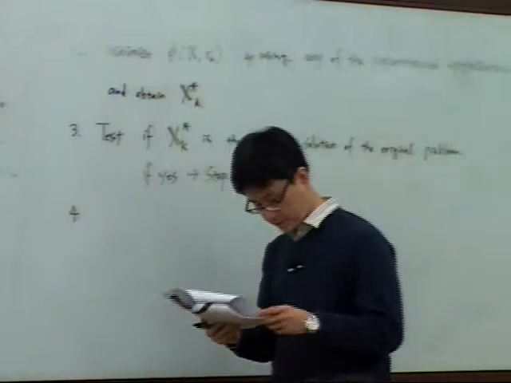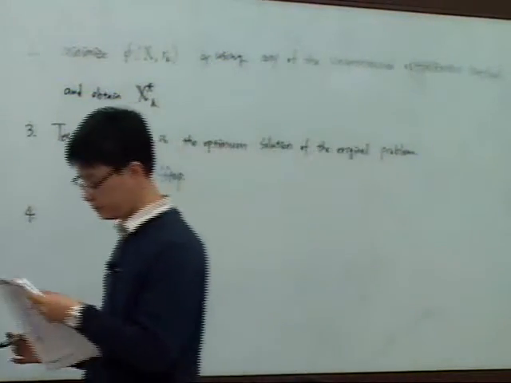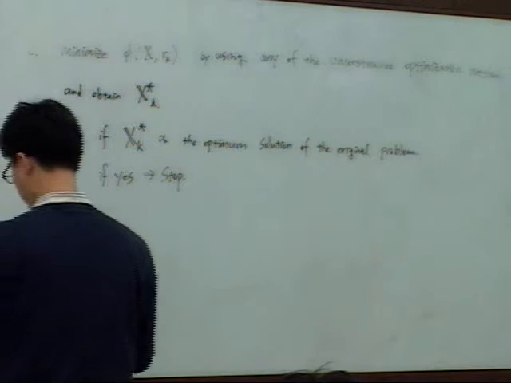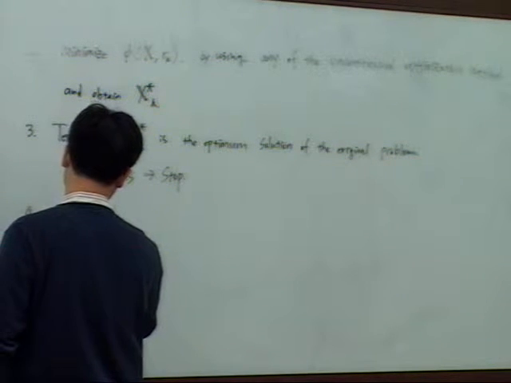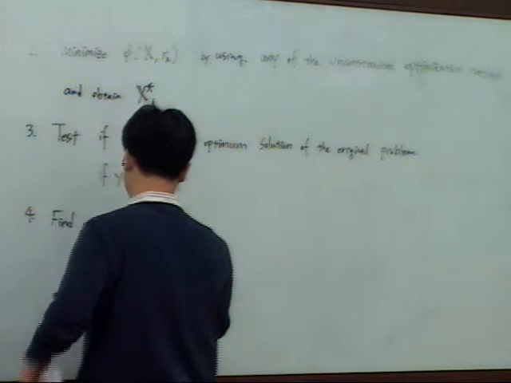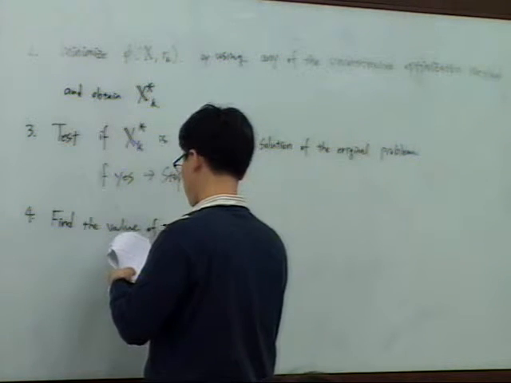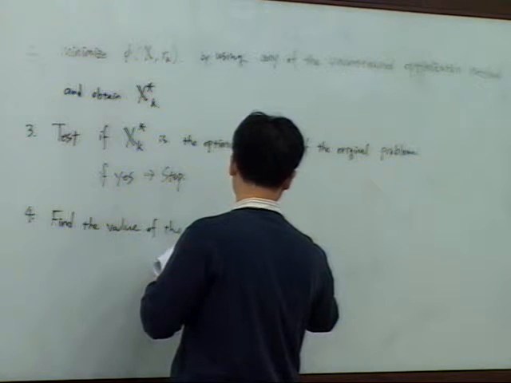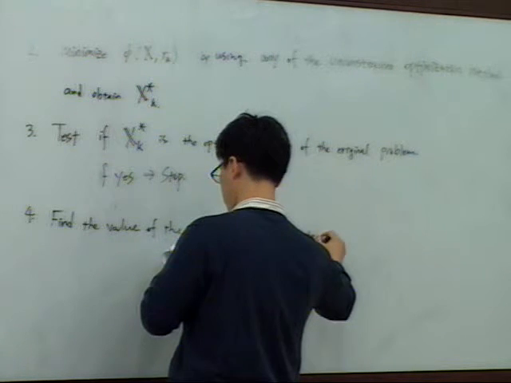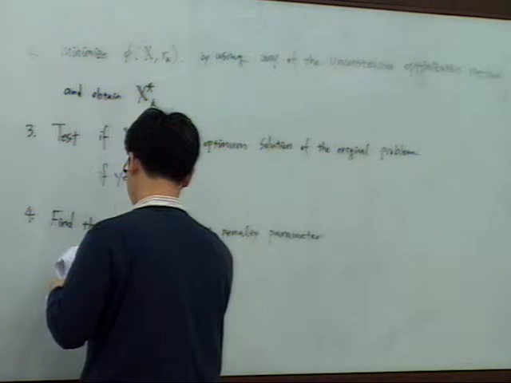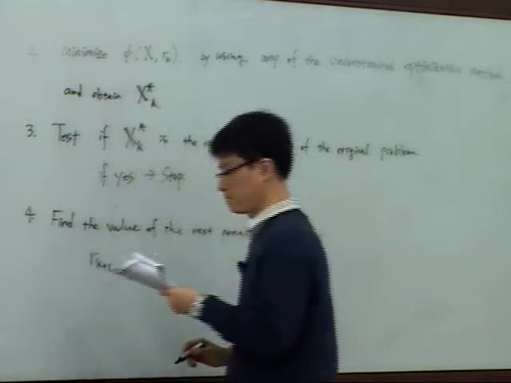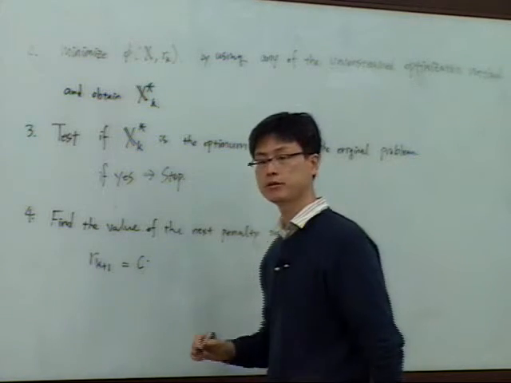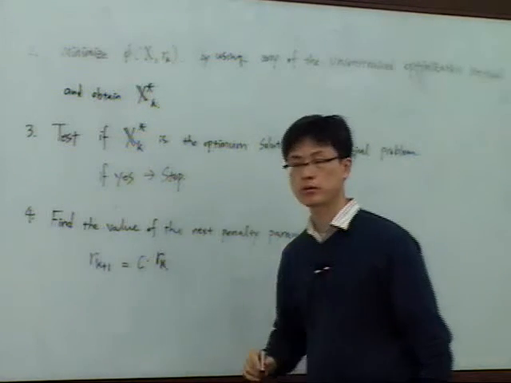Otherwise, find the value of the next penalty parameter. Usually, your next penalty parameter is some constant C times the current parameter.